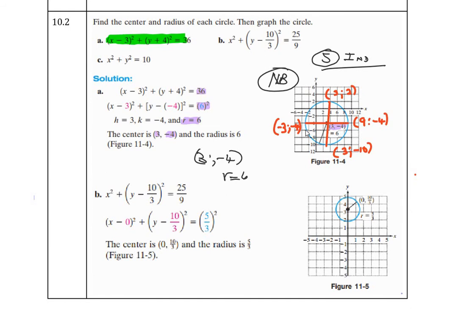And then if they ask you also to do the x-intercepts, you will calculate them by making y 0, and you will get a trinomial because there will be 2 places, and the same for the y-intercept. You will make x 0, and you will find the 2 y-intercepts because the circle is crossing the y-axis twice there.